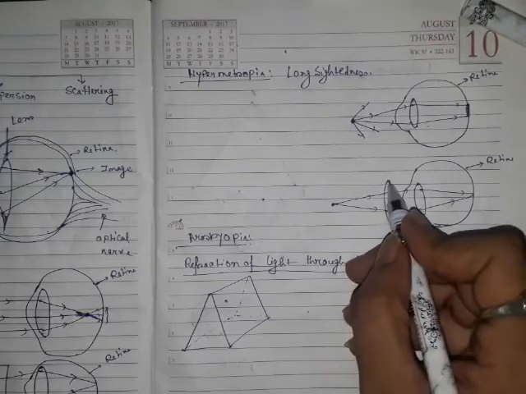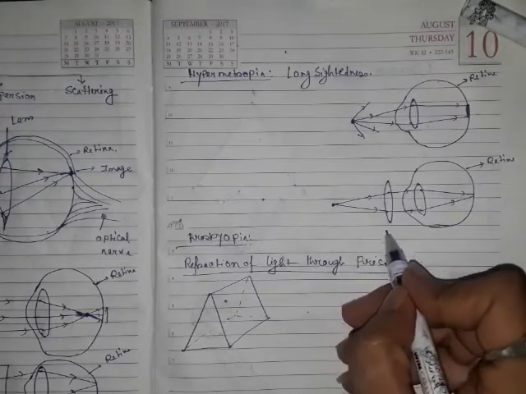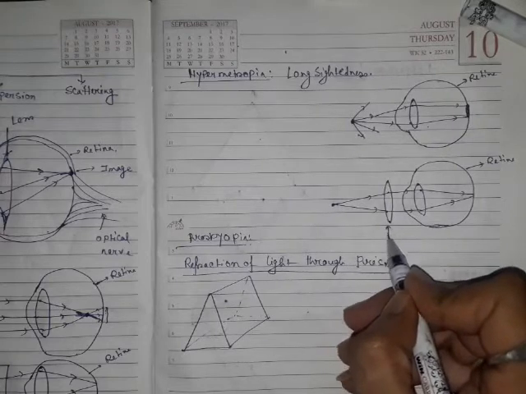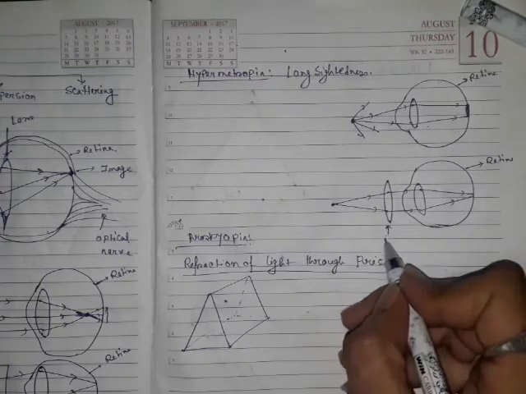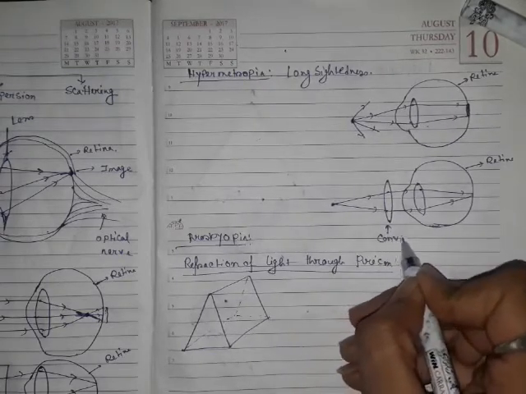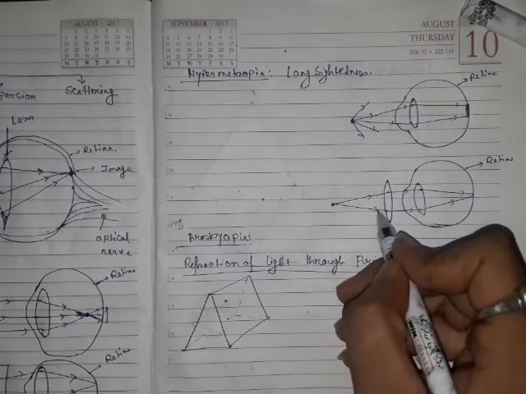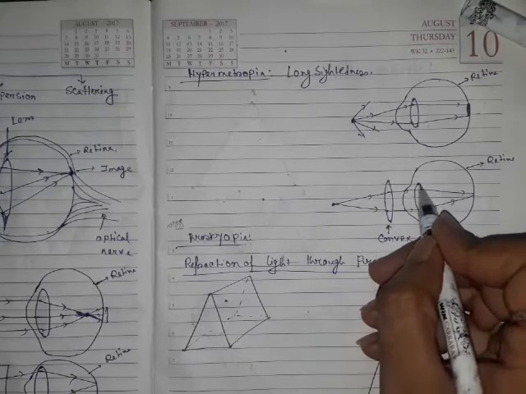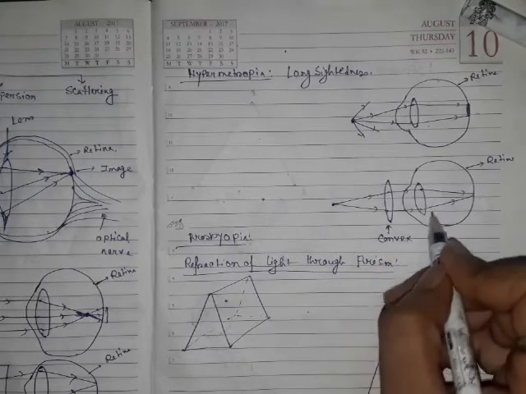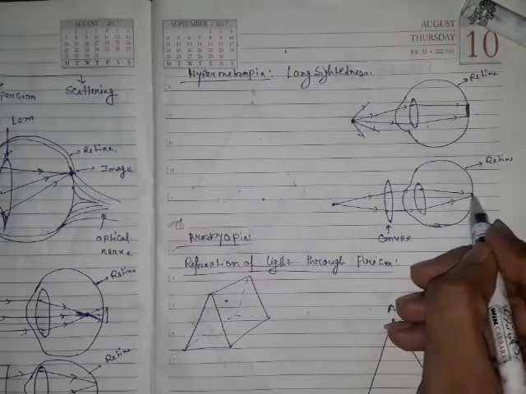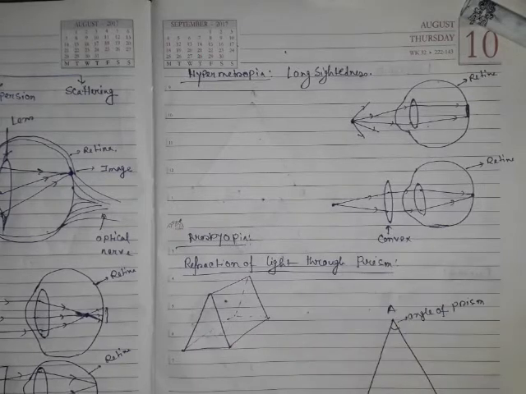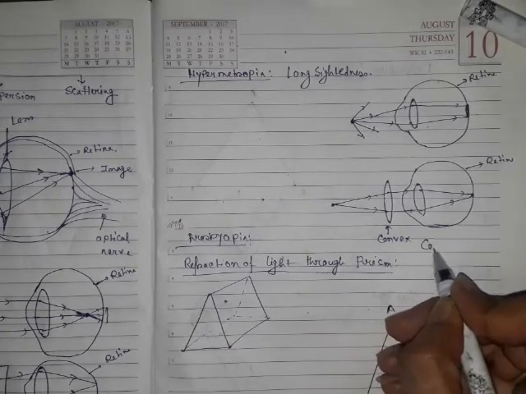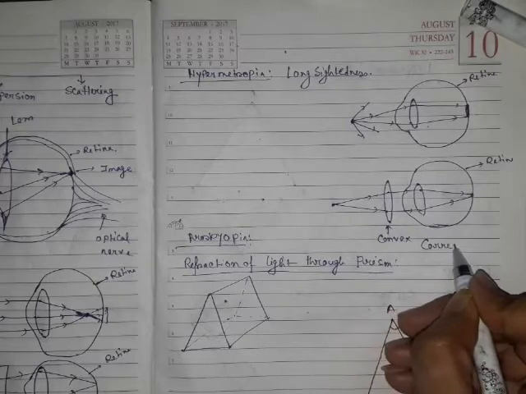This thing is your spectacles. This convex lens will provide some amount of convergence to these rays, and the rest of the convergence will be provided by your eye lens. So there will be a sharp image on the retina again. That is the correction for the hypermetropia condition.